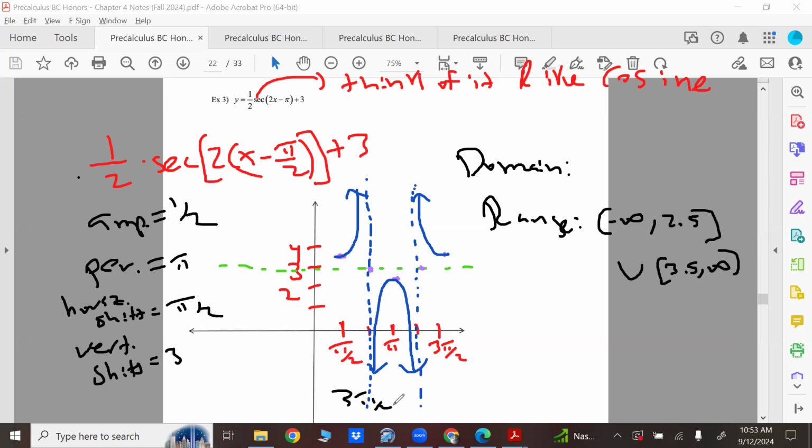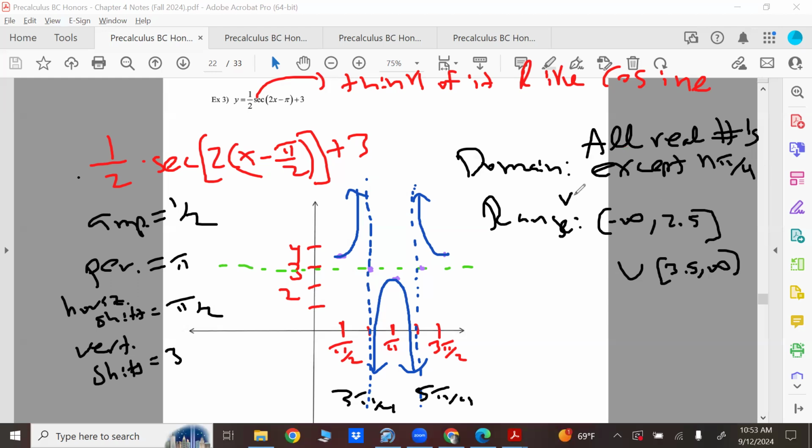We actually should have found those. So it's going to be all real numbers except n pi over 4, where n is any odd integer. So that's what happens there.